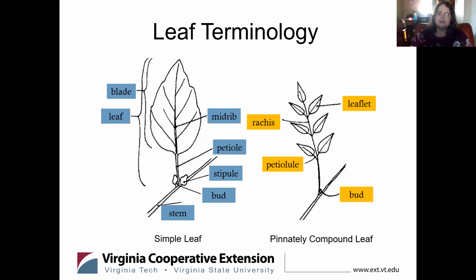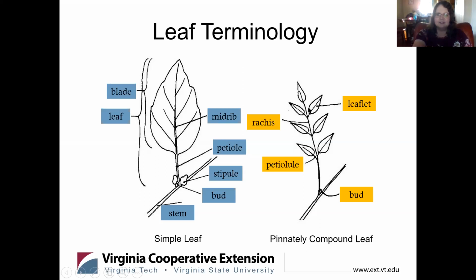So walking around, a simple leaf, real quick, for example, would be a maple or an oak. They are both considered simple leaf plants. A compound leaf plant, in this case, in our example, is a pinnately compound leaf plant. Pinnately means it basically looks like a feather.